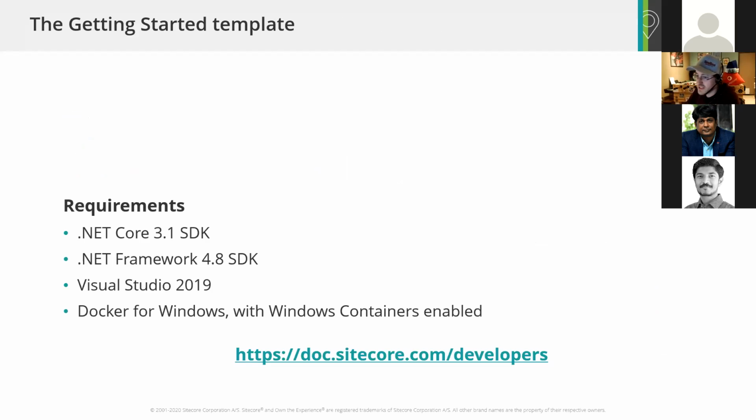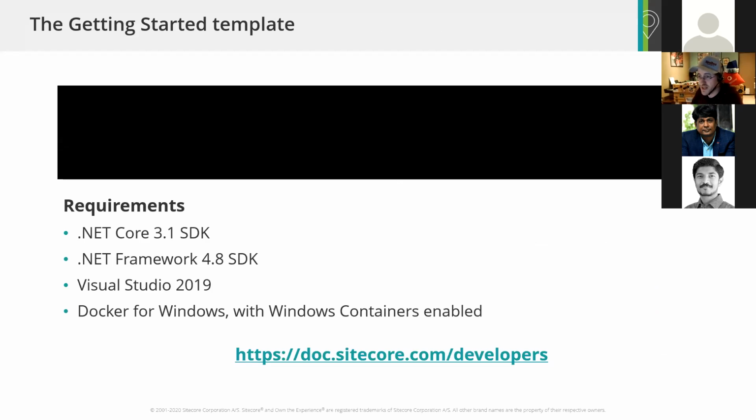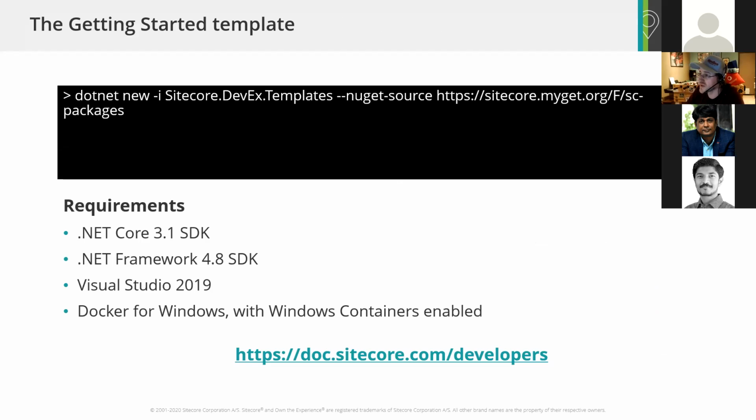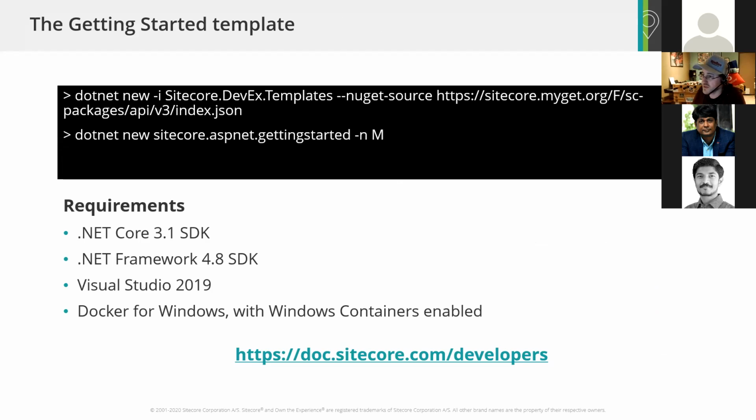So let's get into that first example, and that is our getting started template. This gives you a full Visual Studio solution, containerized with some starter items, as well as an ASP.NET Core rendering host.